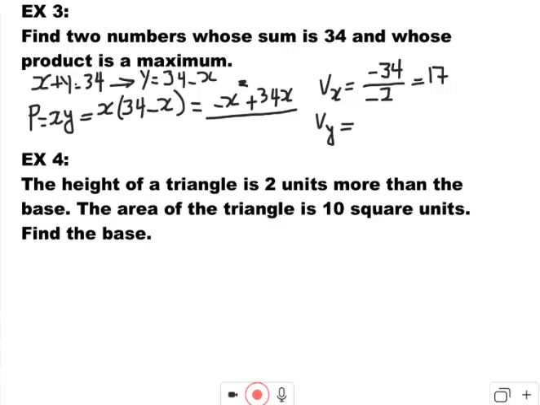So v sub y is going to be x times y. y is 34 minus 17, and then we multiply it by x, which is 17, giving 289. So this means the two numbers are 17 and 17, and the product is 289, which is maximized.